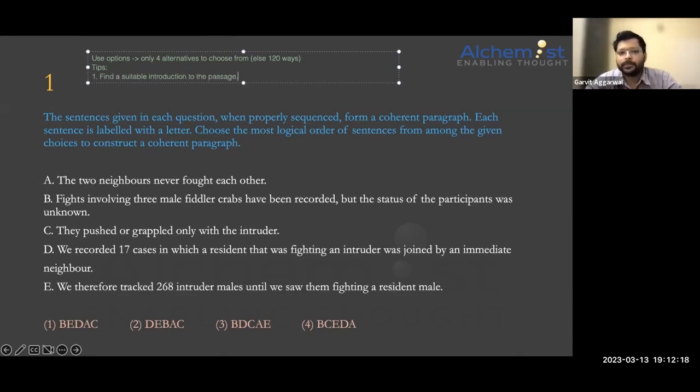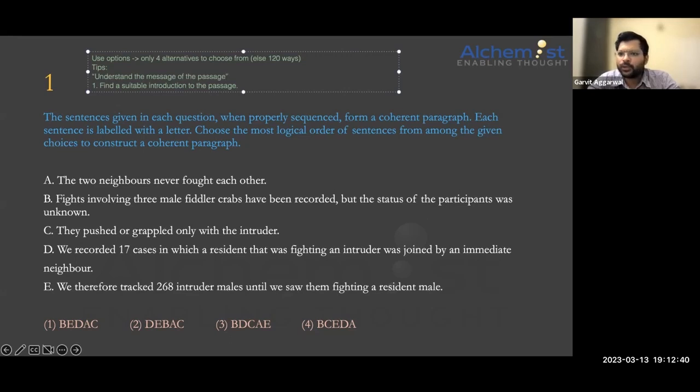Now, even before we go there, I think the most important thing is to understand the message of the passage. Like, what is the passage about?